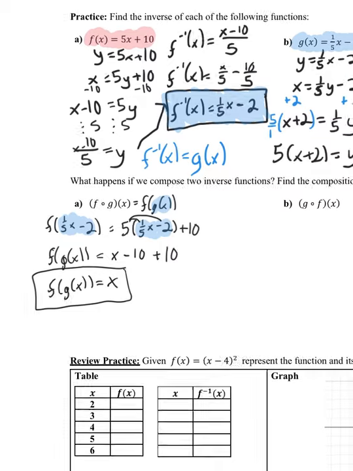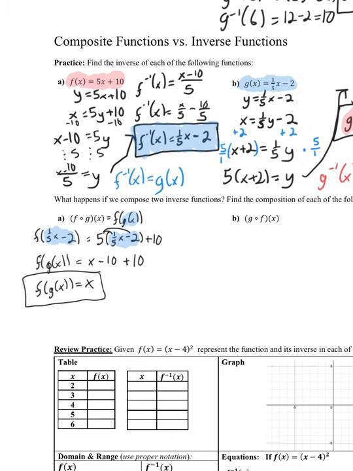For part B, g of f of x. I'm going to do g of 5x plus 10, so 1/5 times (5x plus 10) minus 2.